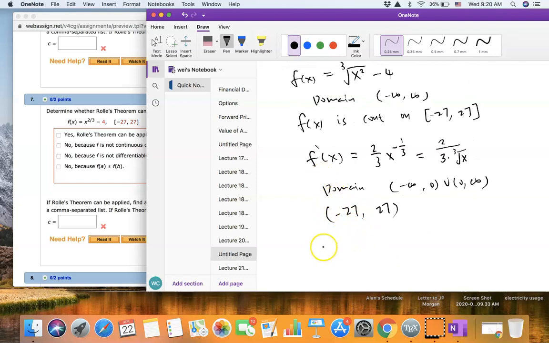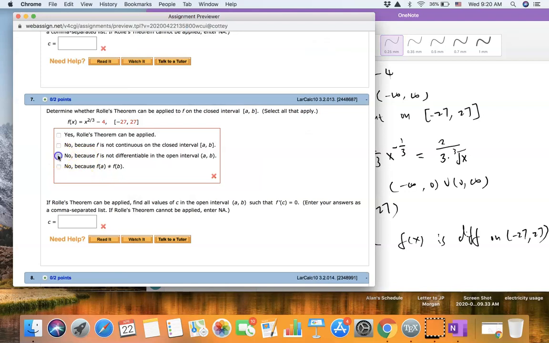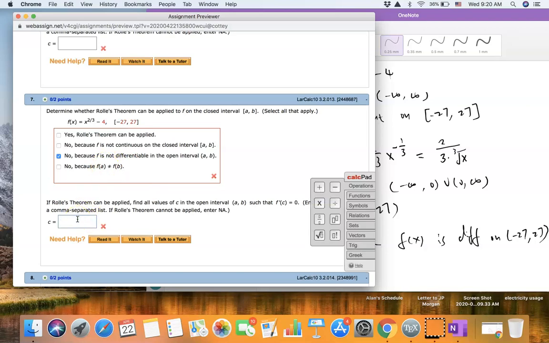Therefore, the function is not differentiable. So the function is not differentiable, and since it's not differentiable, we cannot apply the mean value theorem.